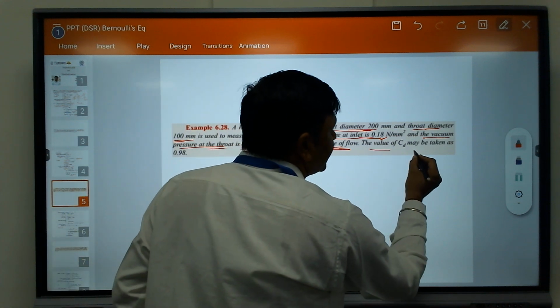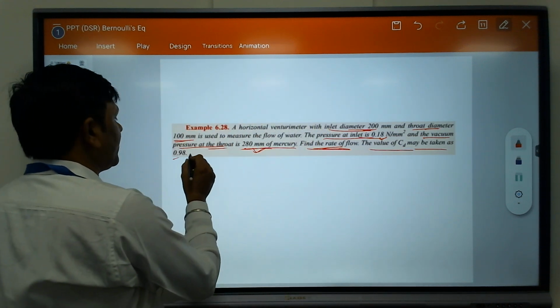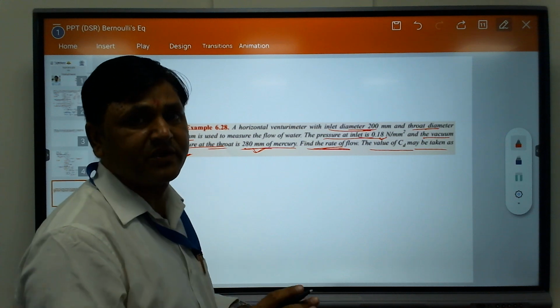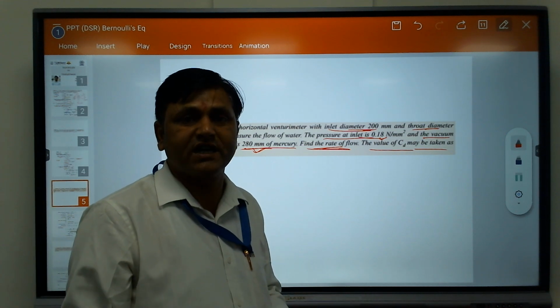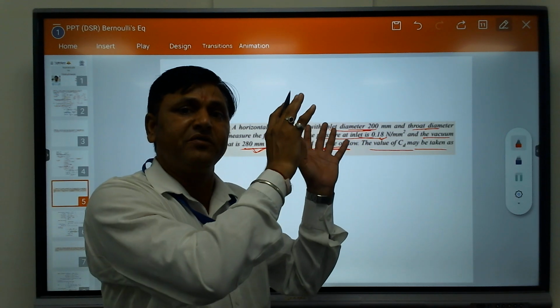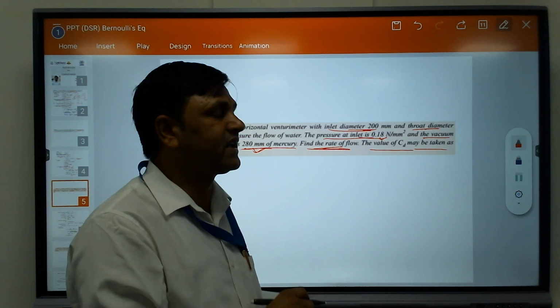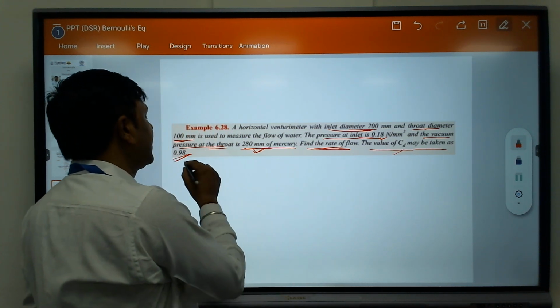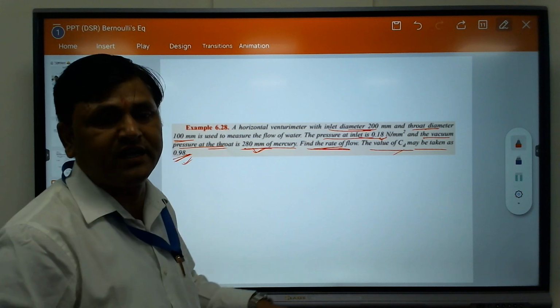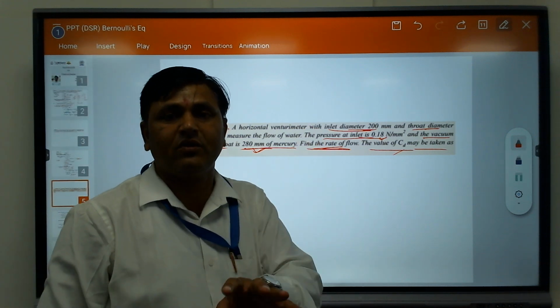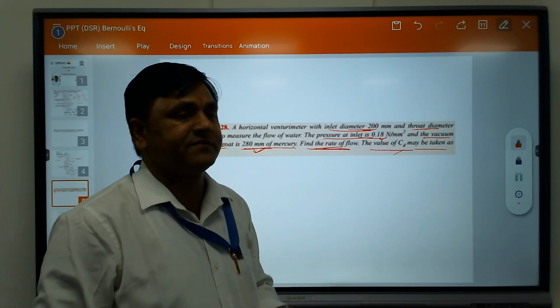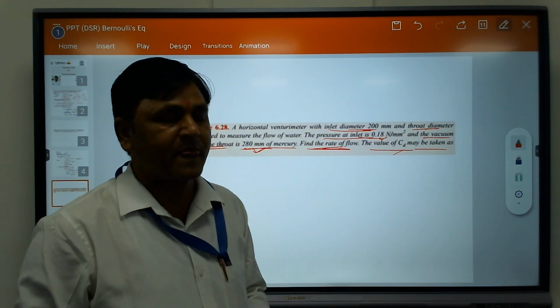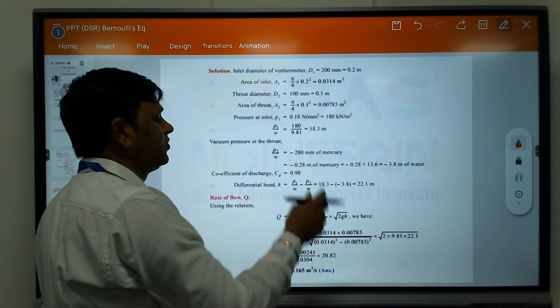The value of C_d may be taken as 0.98. There is no difference from the coefficient of discharge taken in the previous two numericals. Here in this numerical we have to calculate the flow rate. Okay, now the solution is this.